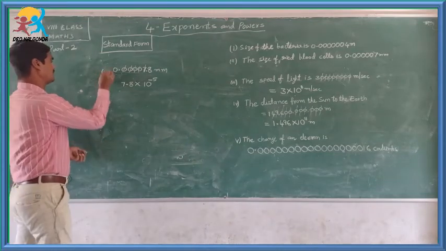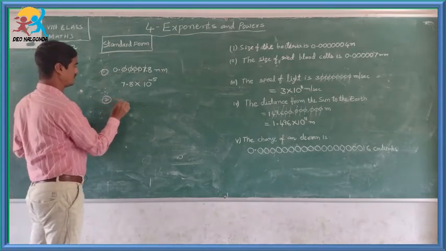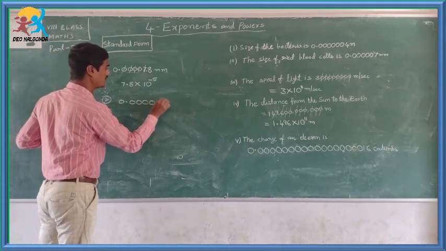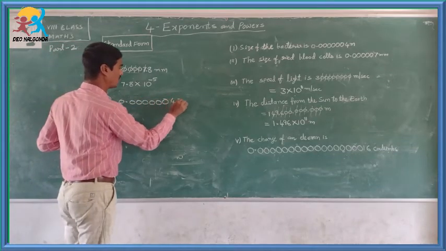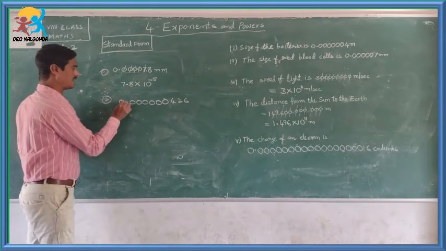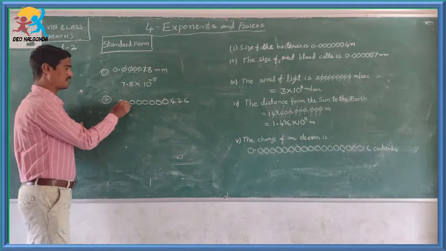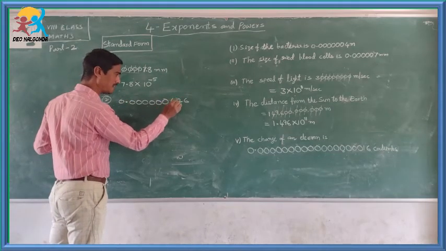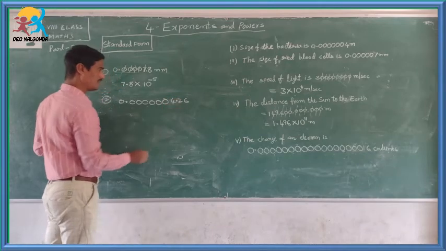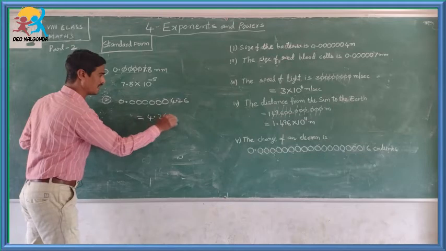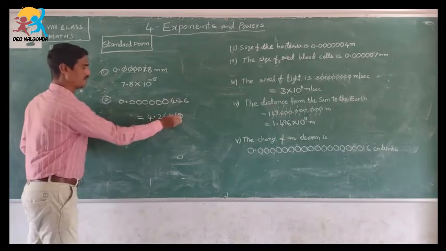Take another example. 0.000000426, let us suppose. Now we have to keep the decimal place here, put it here. So we write 4.26 into 10 to the power of.